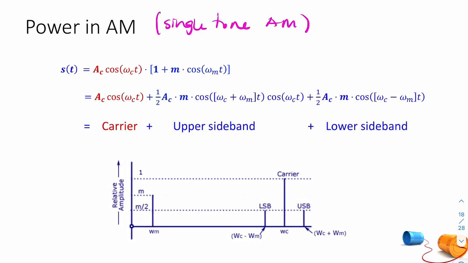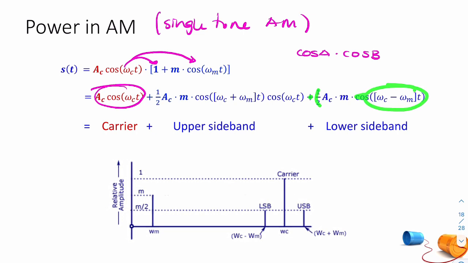So when you multiply this out, you end up with a cosine term. And then you have these product terms. So cosine omega c t multiplied by cosine omega m t. When you have products of cosines, so cosine A, cosine B, that'll give you half cosine of the sum plus half cosine of the difference.